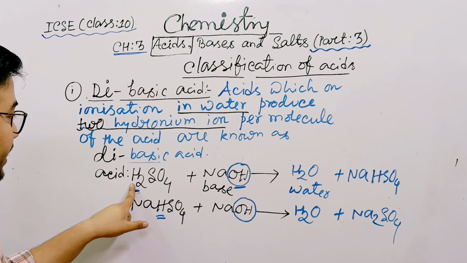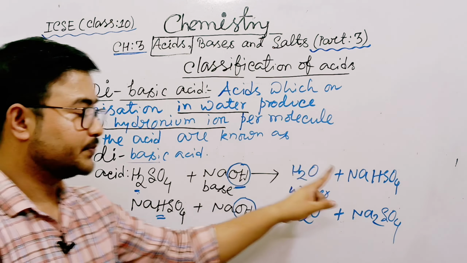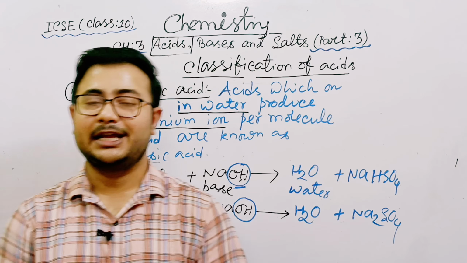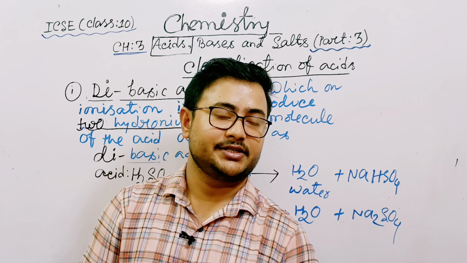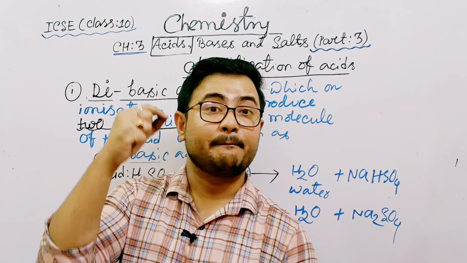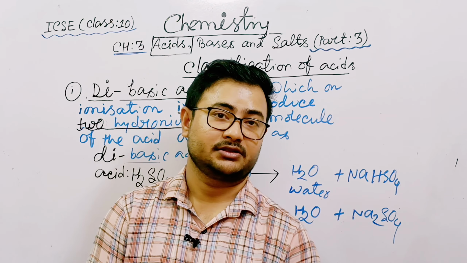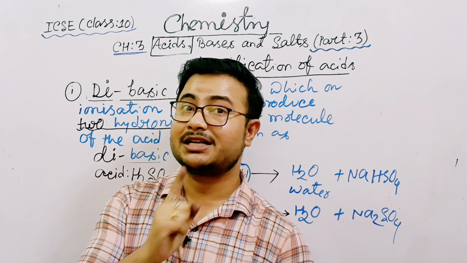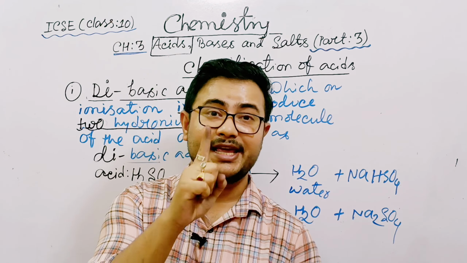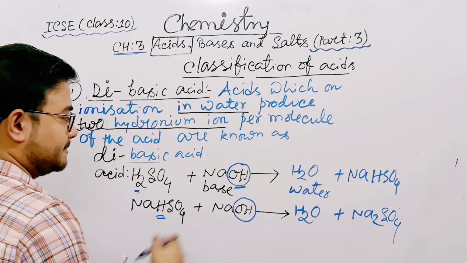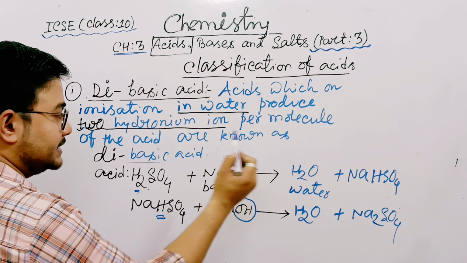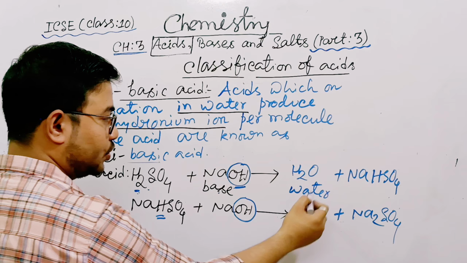Na, here 1H, NaHSO4. Okay, now can you tell me, in acid which atom must be present? Obviously H, no? So see, acid plus base react to form salt and water.